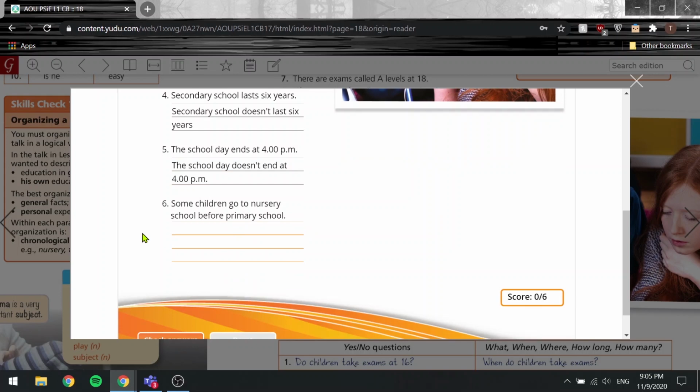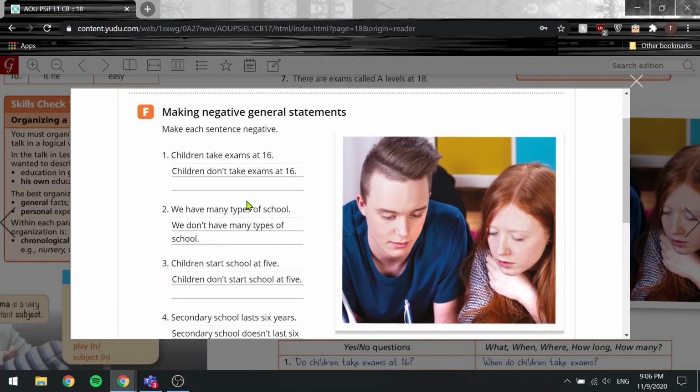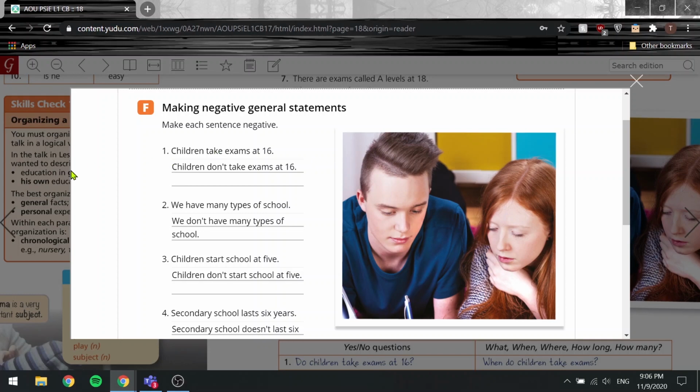Some children go to nursery school before primary school. Some children don't go to nursery school before primary school. Okay. And that was exercise F. So basically turning positive sentences into negative.